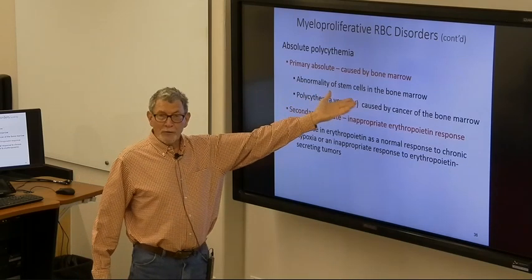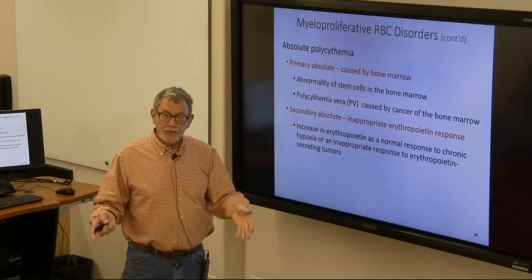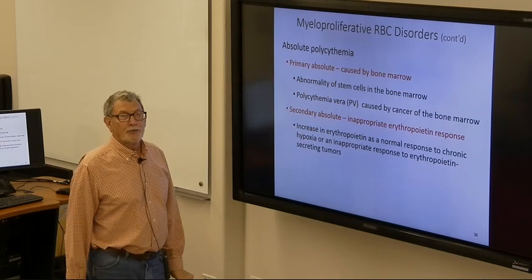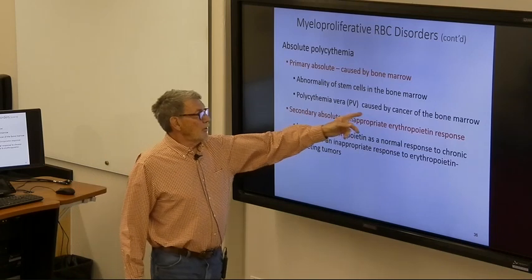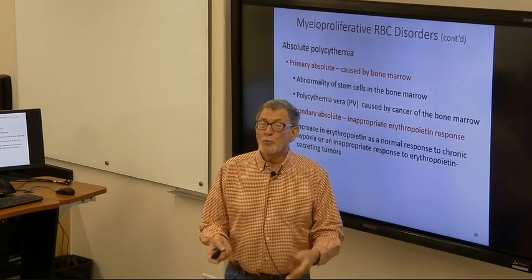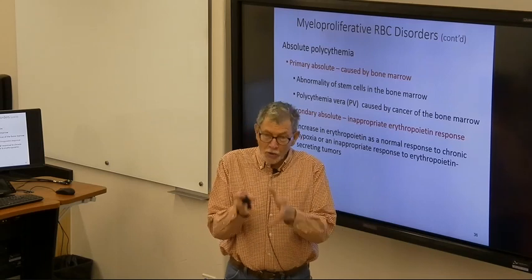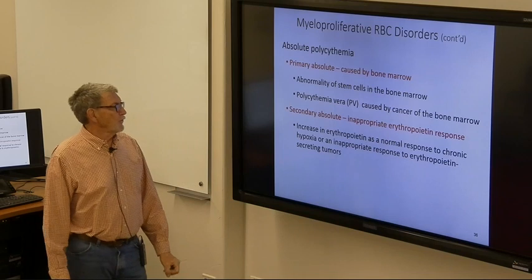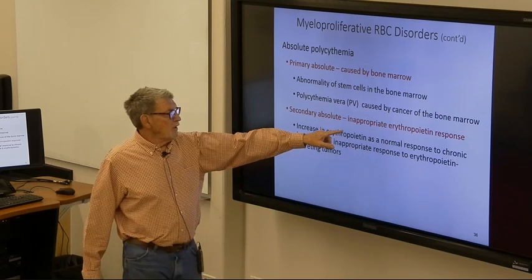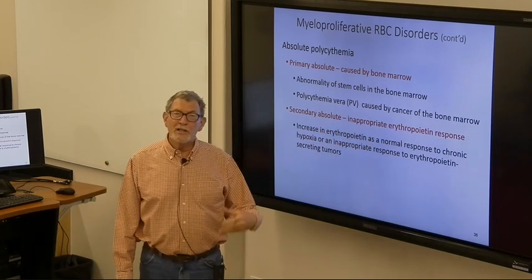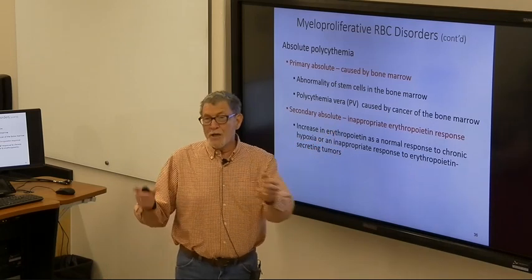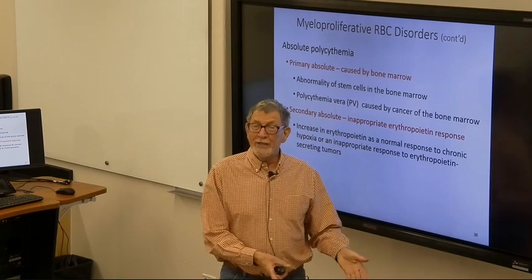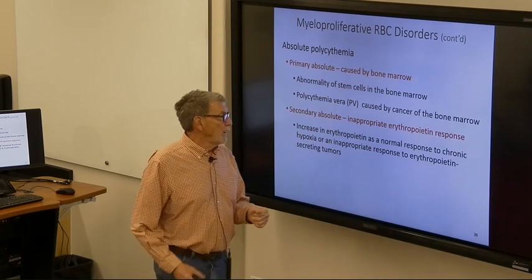Either the bone marrow stem cells are overactive and convert into red blood cells too easily, or a cancerous tumor of the bone causes an overgrowth of those cells and they make red blood cells like mad. Secondary is you're responding inappropriately to erythropoietin. Either you're making too much of it or you're responding too much to it, and therefore you're making too many red blood cells.